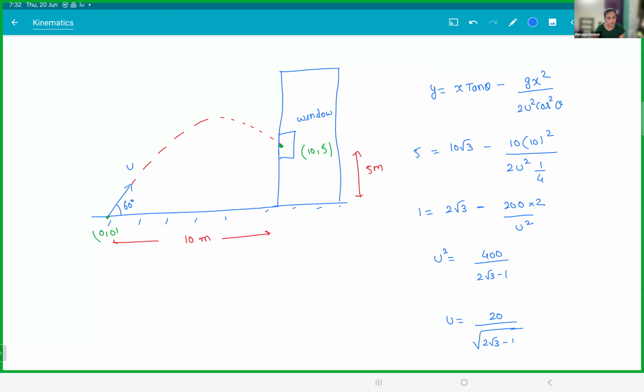This will be sine 2 theta, cos square theta, 2 tan theta. Sine 2 theta will be cos 2 theta into 2. So this will be sine 2 theta cos square theta shifted that side.